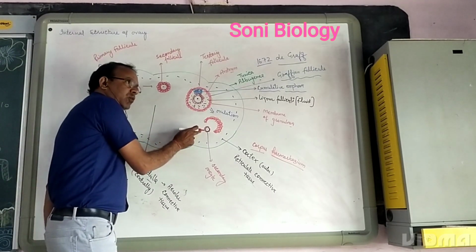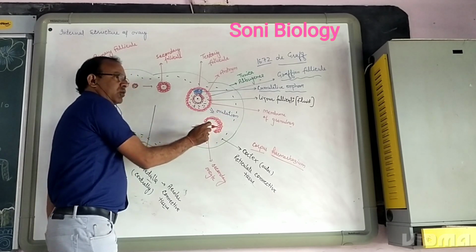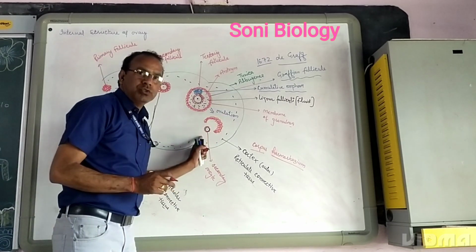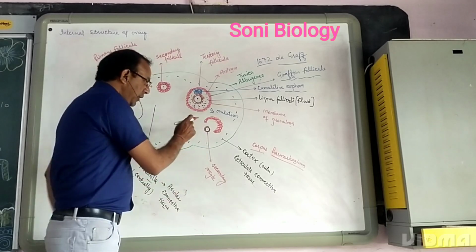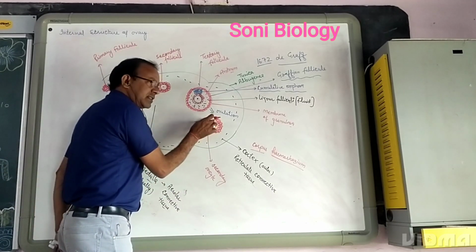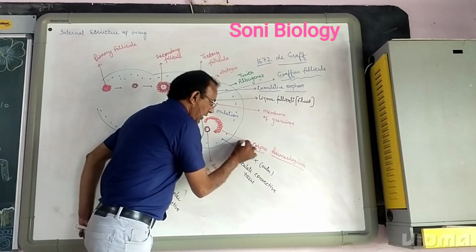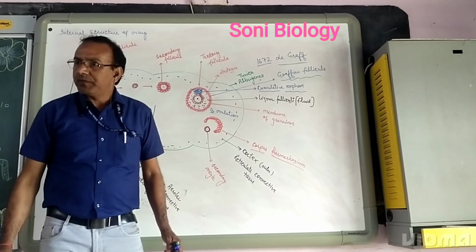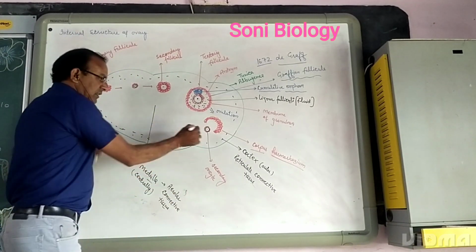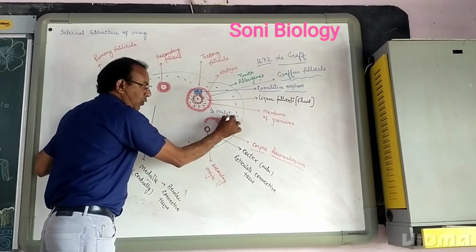As the membrane of granulosa bursts, the secondary oocyte is released. During release, many blood vessels rupture, so there is leakage of some blood, and that stage is called corpus hemorrhagium. The secondary oocyte is released every month, and that is called ovulation.